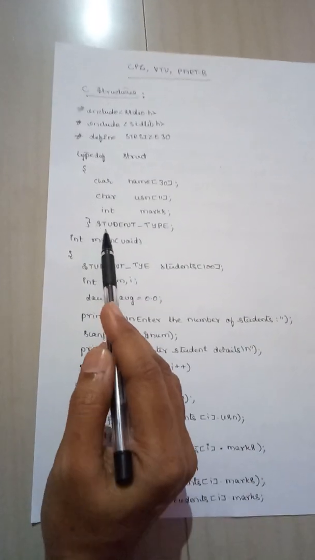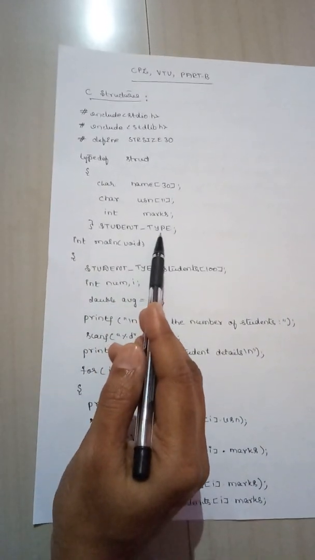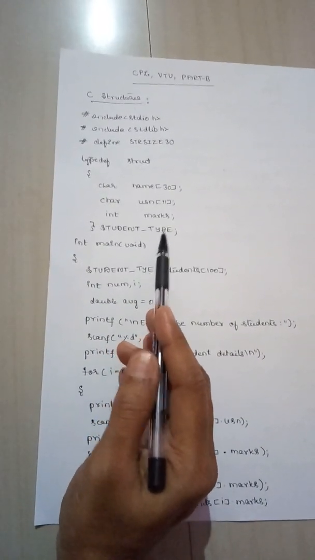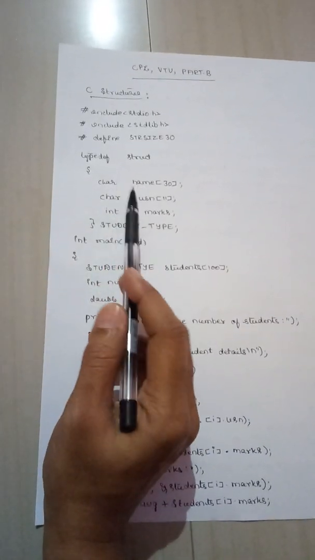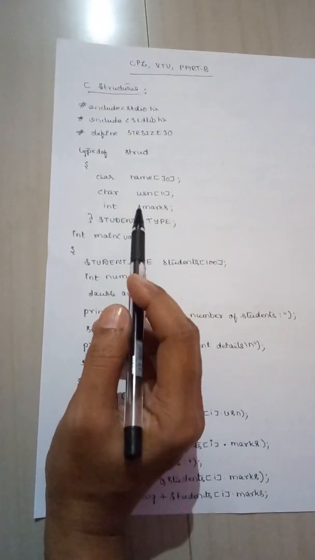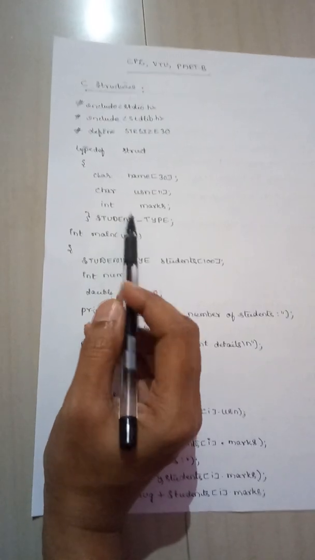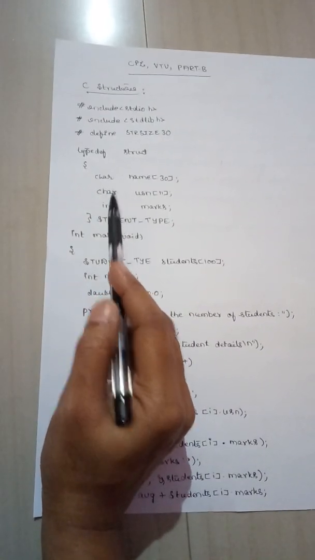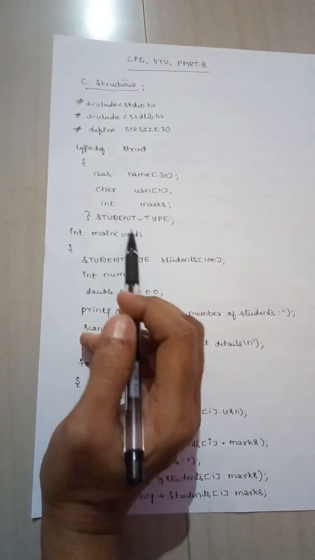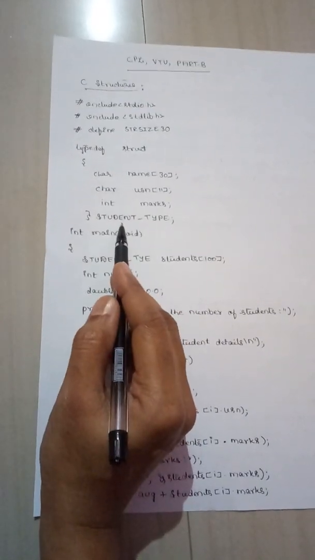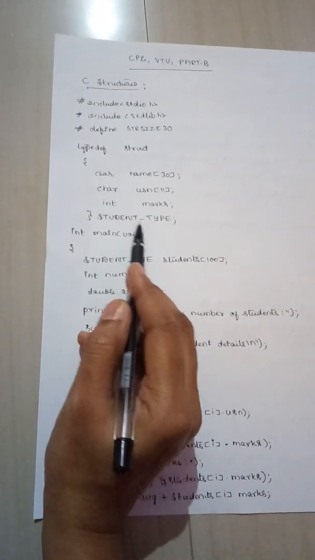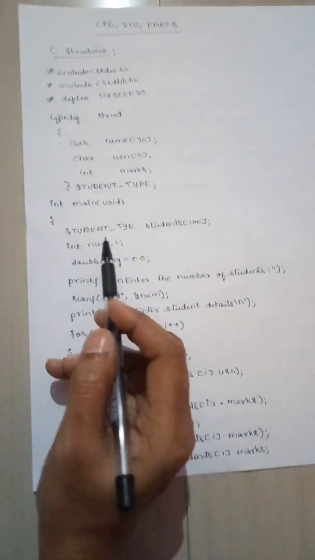Then student type, this is the declaration of the structure. This is the definition of the structure, the definition of the structure variable, and this is the declaration of the structure variable. Then the main part of the program starts from here.